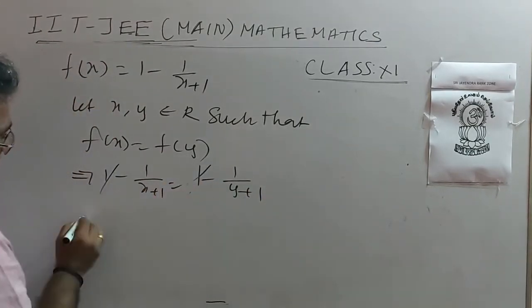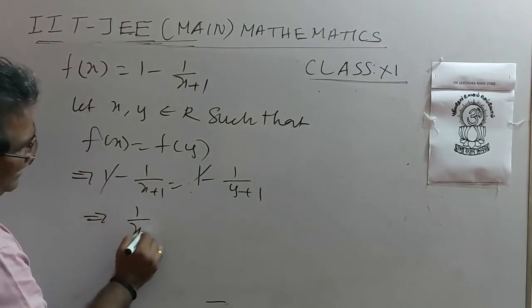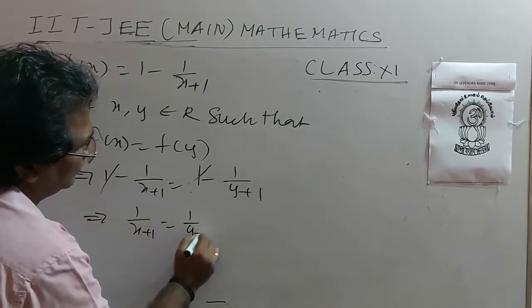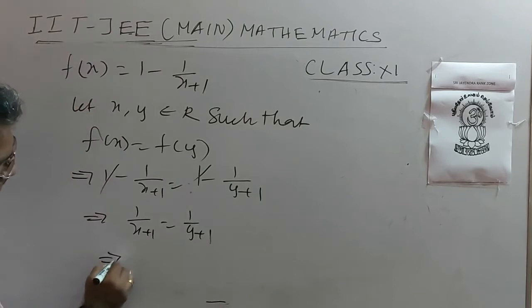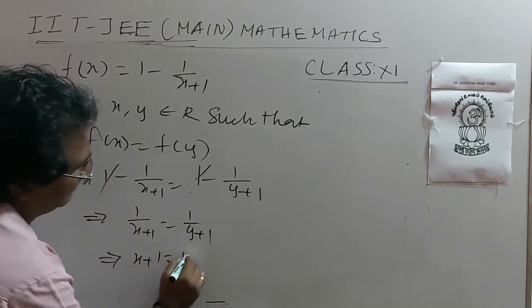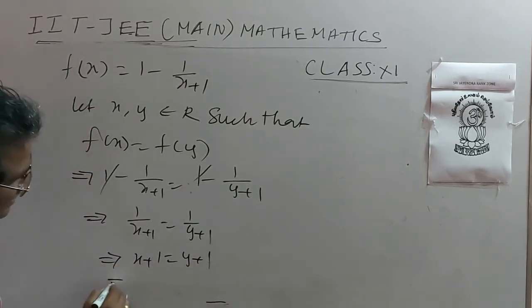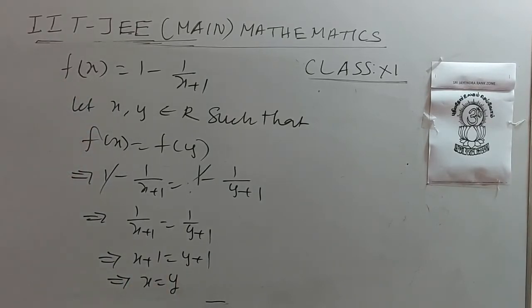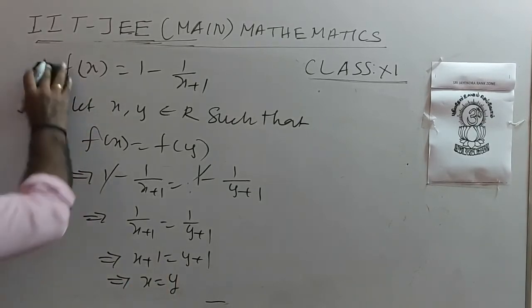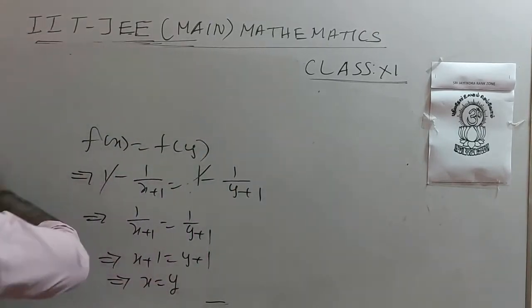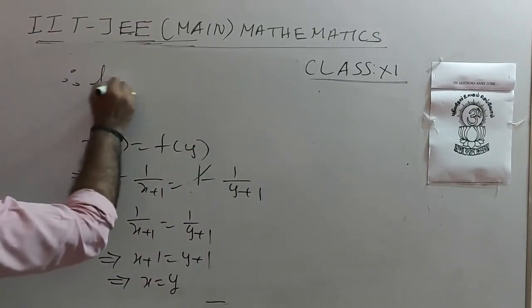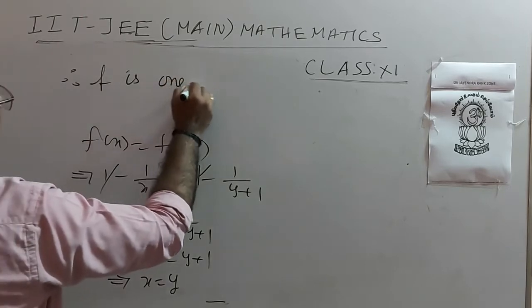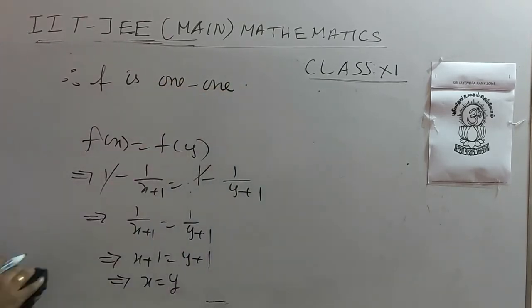The 1 will be cancelled, so 1 by x plus 1 equals 1 by y plus 1. Taking reciprocal, x plus 1 equals y plus 1, which implies x equals y. Therefore, f is one-one.